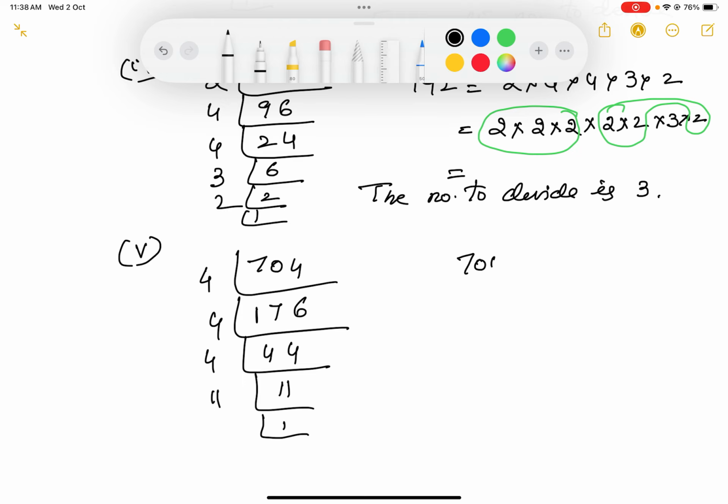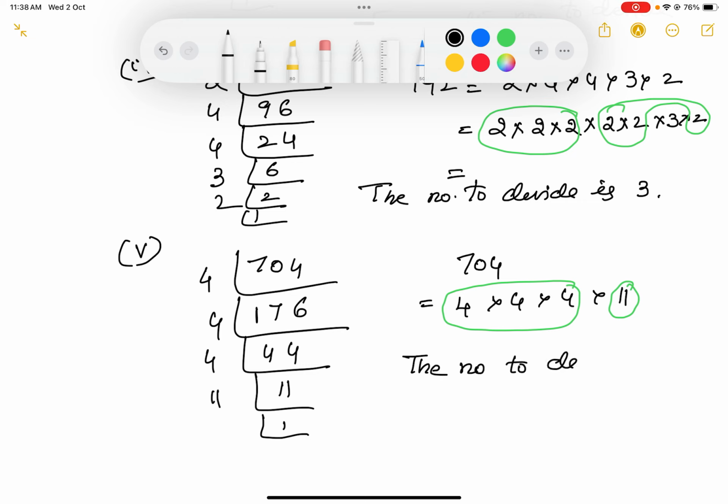Correct? So 704 can be written as 4 into 4 into 4 into 11. So it is very much clear that 3 sets of 4 are already there. And extra is 11. So the number to divide is 11. So this is what you should understand.